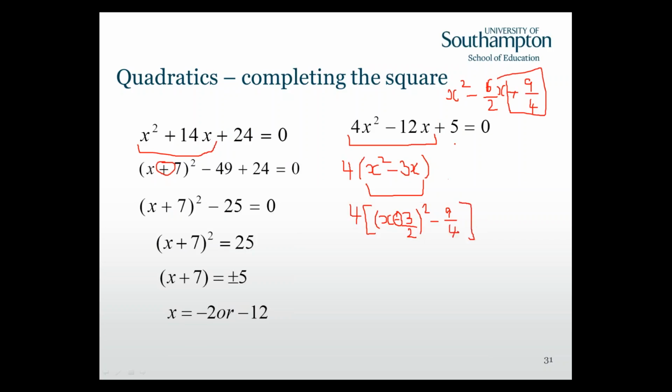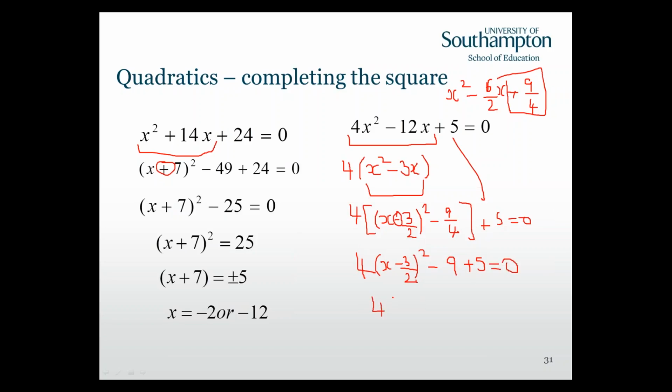And that's that bit. Meanwhile, I'll bring this down. I've still got plus 5. At this point, I then multiply the 4 back in. So I've got 4 times x minus 3 over 2 squared minus 9 plus 5 equals 0.